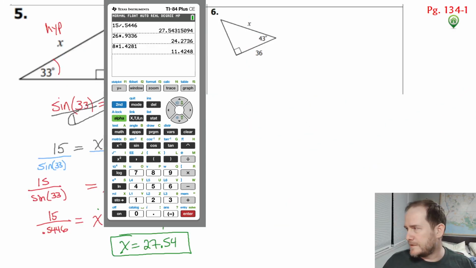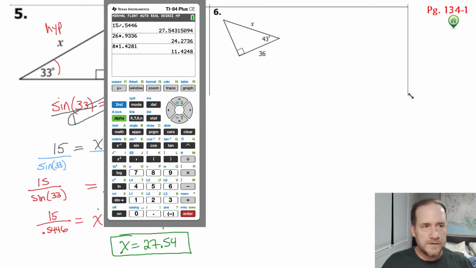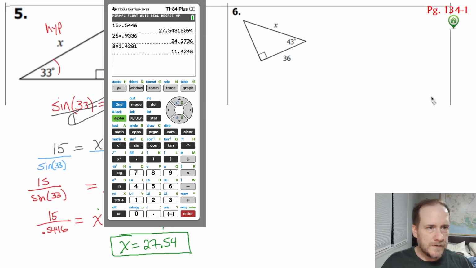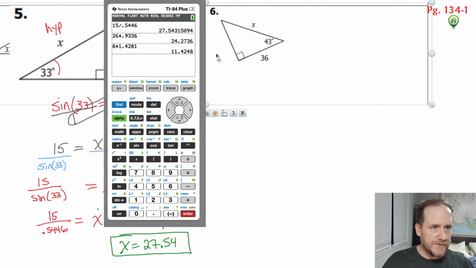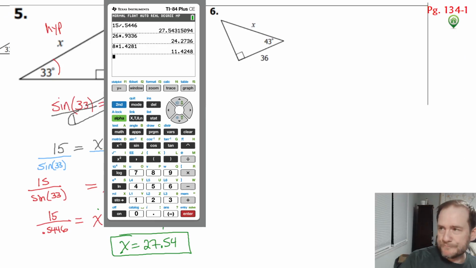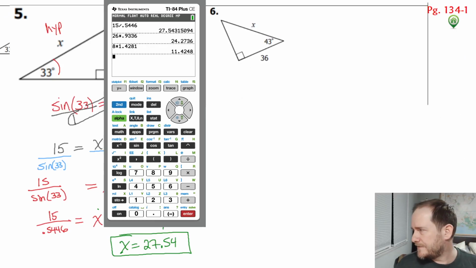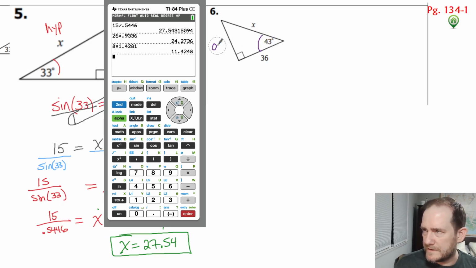So here's 6. I'm going to make it a little bigger. Keep it on this side of the calculator. I'm going to start going even faster, I think, because I think you guys have had enough examples. Opposite from the 43 is blank. Adjacent to the 43, though, is this 36.